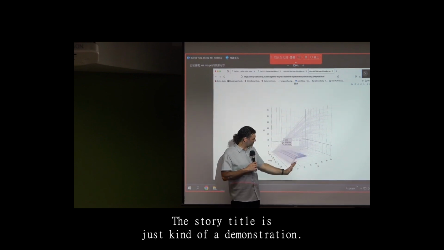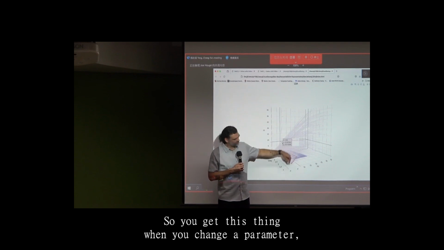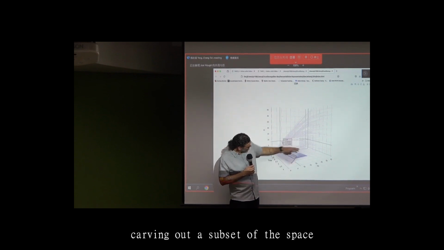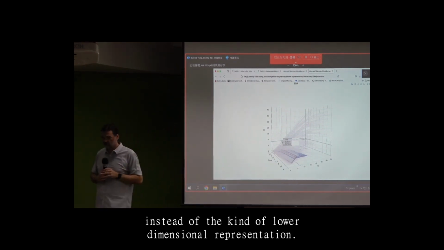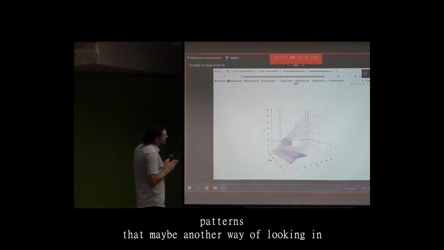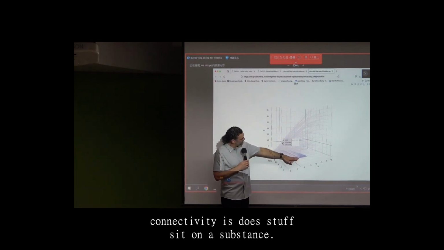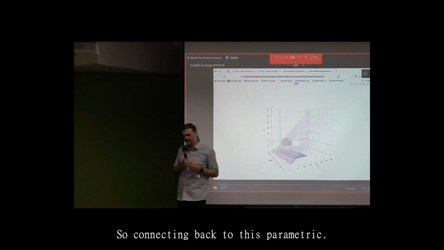This orthogonal one is just for demonstration, what happens if I only change threshold. So when you change a parameter, you carve out a subset of the space, a lower dimensional representation. And again, another way of looking at coactivity is: does stuff sit on a subspace? So connecting it back to this parametric selective influence idea.